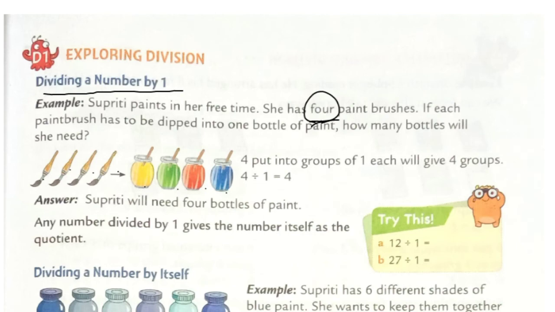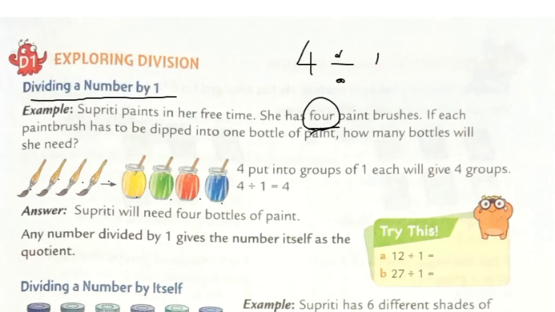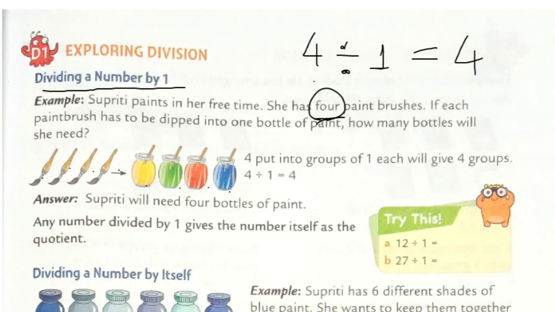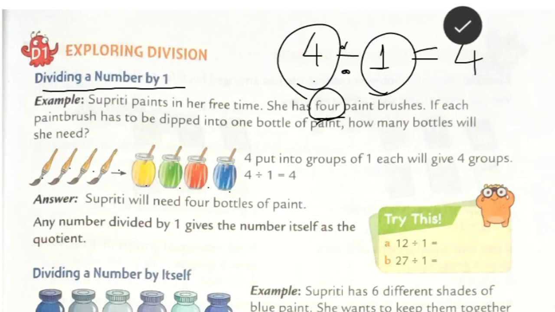Is it clear? So it means 4 brushes, 1 in each bottle. So the number of bottles will be 4. It means when we divide a number by 1, the answer is the number itself. Just see the line here.